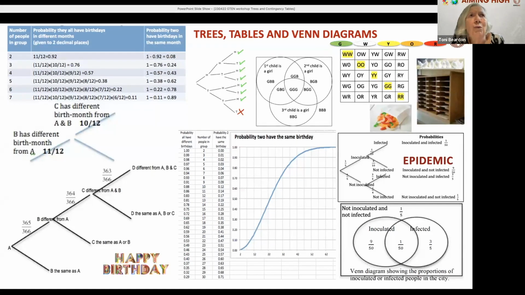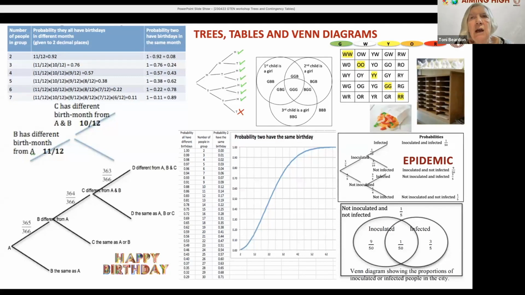Probably to 2 decimal places they'll be the same, because there will be some people who do have that birthday on the 29th of February in a large group of people. So let's not focus on that any longer, but we really appreciate the question.